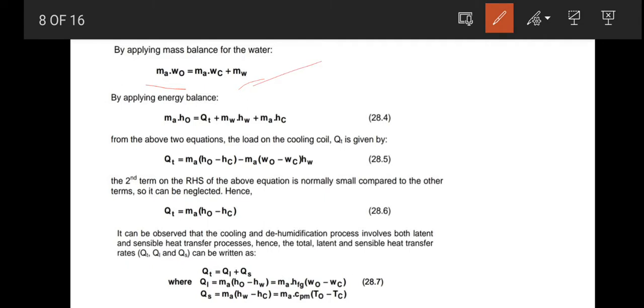Okay, now by applying the energy balance, Ma multiplied by Ho, so at the inlet the mass flow rate of air multiplied by enthalpy, is equal to Qt plus Mw multiplied by Hw plus Ma multiplied by Hc.